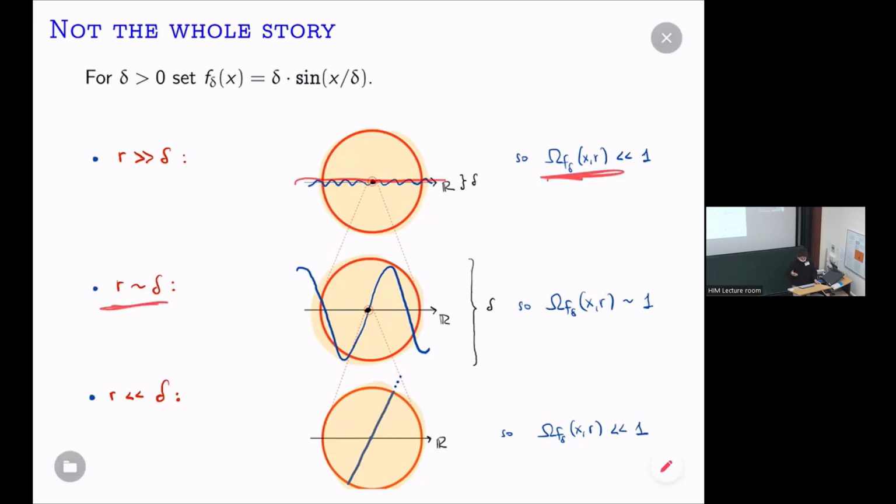If r is comparable to delta, then we will have these oscillations, and then, of course, my omega number will be large. Then again, when we go below this, and r is much smaller than delta, the smoothness of sine kicks in, and so we can approximate f by an affine function, and omega will be small.